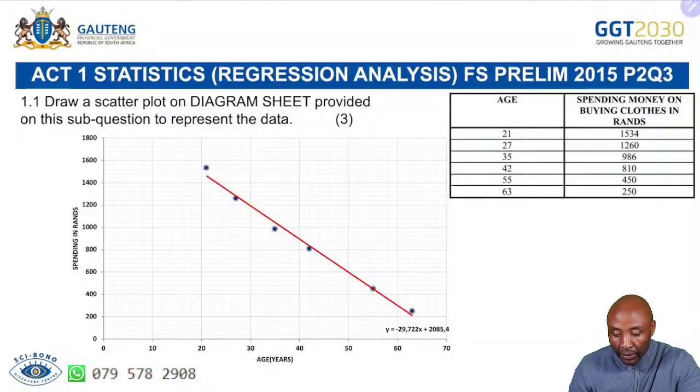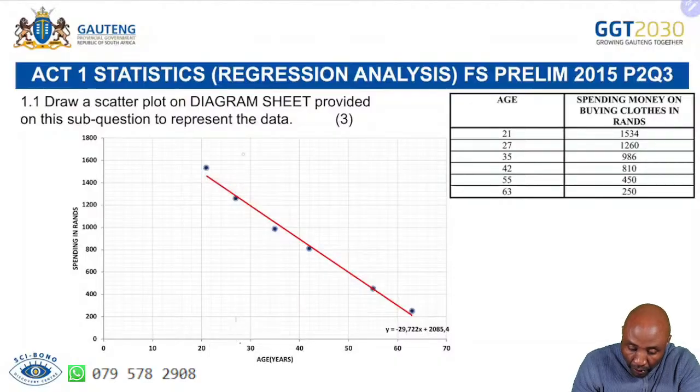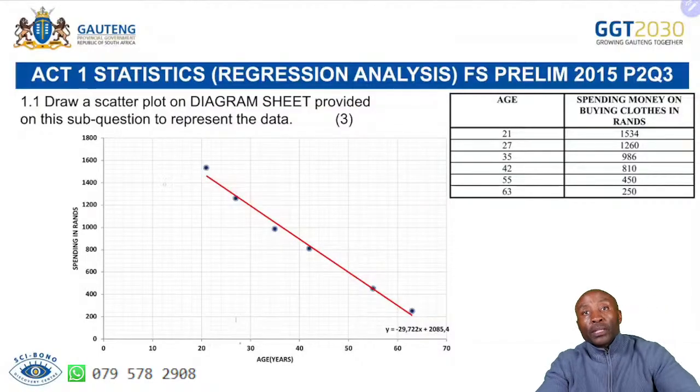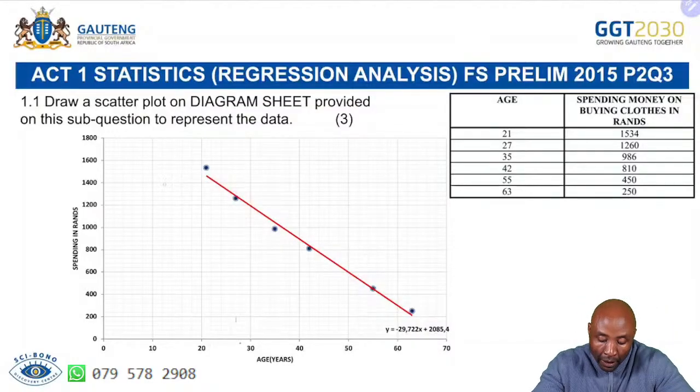So we represent 1,534, we represent 1,260 with age of 27. So our age, we check it here, 27, it's 20, 22, 24, 26, 28. So 27 is in the middle of the block, and then we plot the amount there.